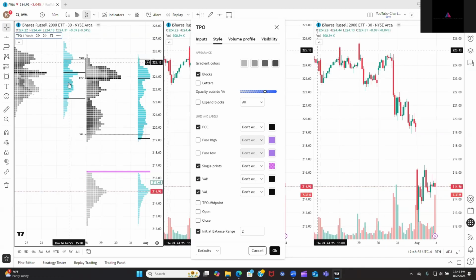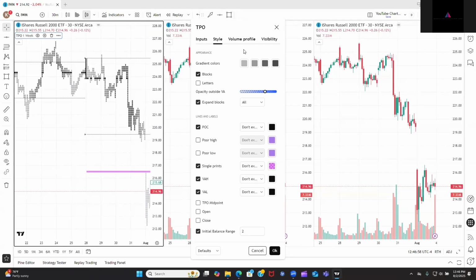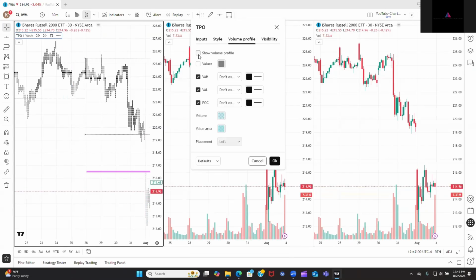Because I don't use volume profile on a TPO chart, I turn it off. So I'm extending it and I turn it off. It would be the same settings here if you want to show value area high for the volume profile, value area low for the volume profile, or the POC, point of control for the volume profile. Those options are there.